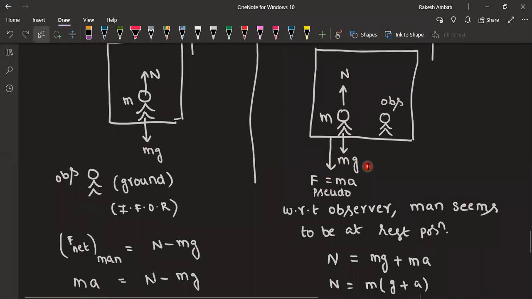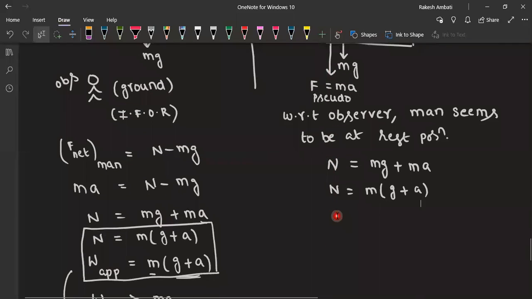In questions, it is up to you: taking an inertial or non-inertial frame of reference, the result will be the same.